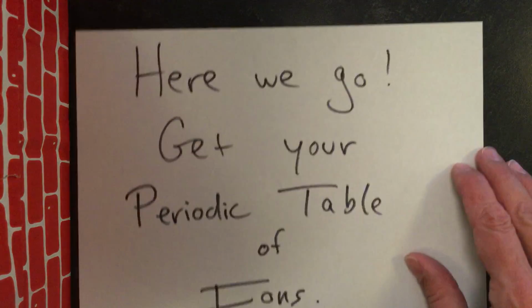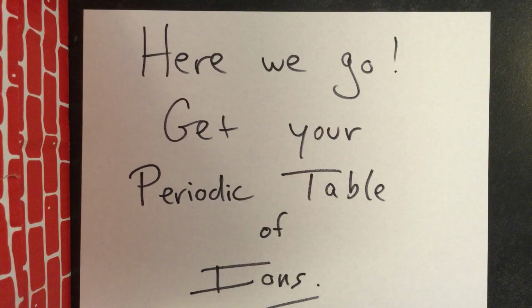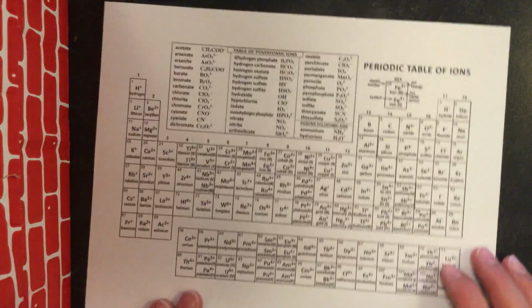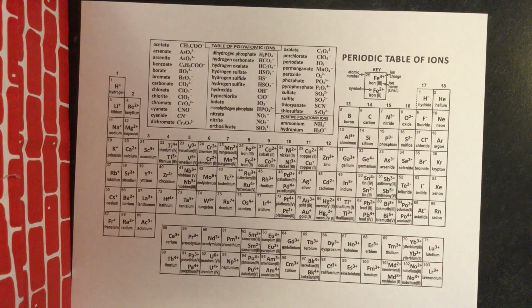So, I think we should probably begin. Here we go. Get your periodic table of ions. And you might ask, what is that? Well, there'll be one posted for you on Schoology. But generally, it's a periodic table that shows you the ions that are formed when an atom gains or loses electrons.